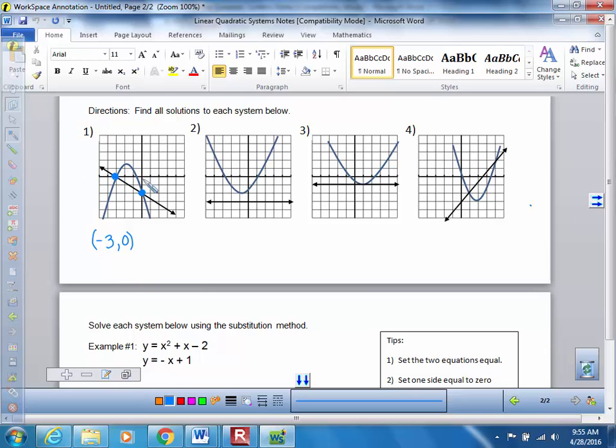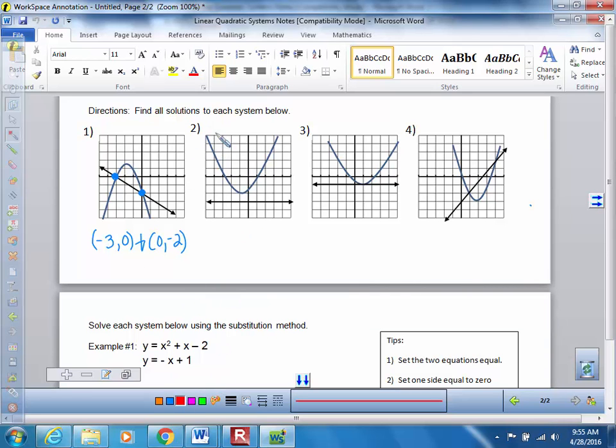Our second solution is going to be, we count from the origin and we go down 2. So we didn't go right or left, so that means that it would be 0, -2. Are we going to do graphs like that? Probably.